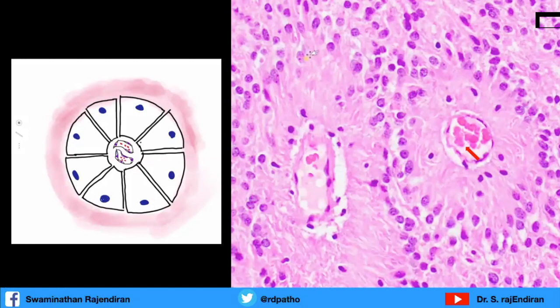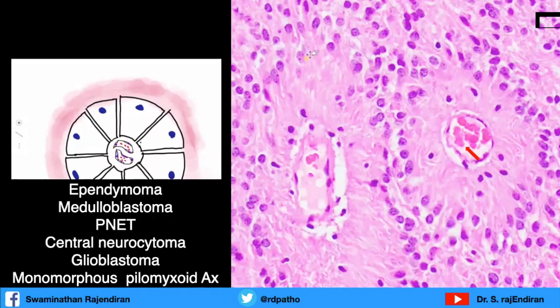A lot of hypotheses are not there, but we don't know the pathogenesis. Now, these pseudorosettes are seen in ependymoma, medulloblastoma, primitive neuroectodermal tumor, central neurocytoma, glioblastoma, and the monomorphous pilomyxoid astrocytoma.